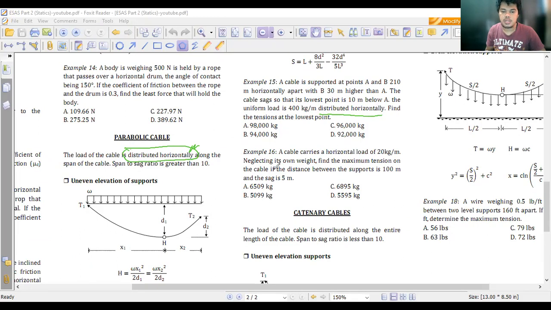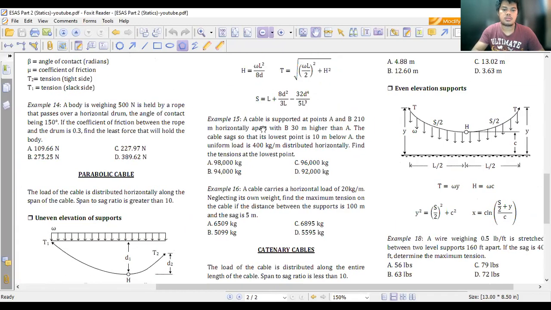And in problem number 16, you have the horizontal load, so that makes the analysis a parabolic cable. The second type we will be discussing later. So there must be the word horizontally distributed.